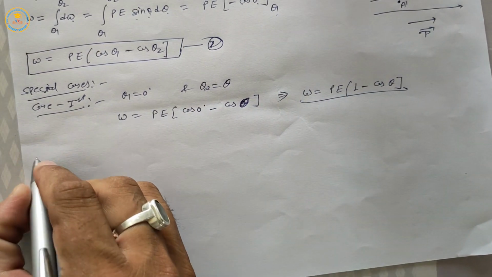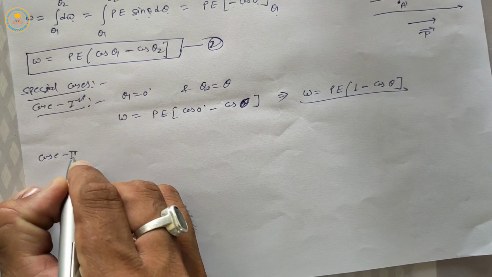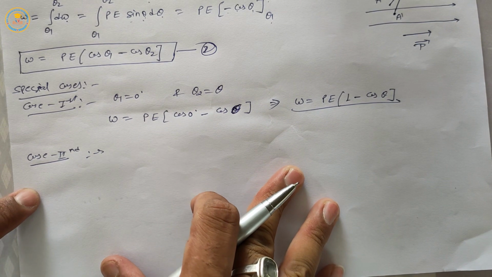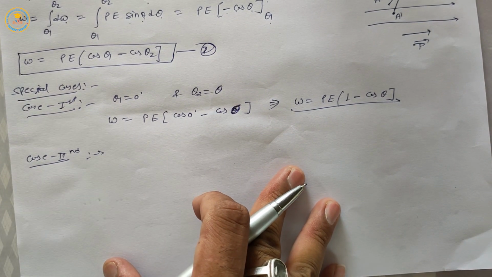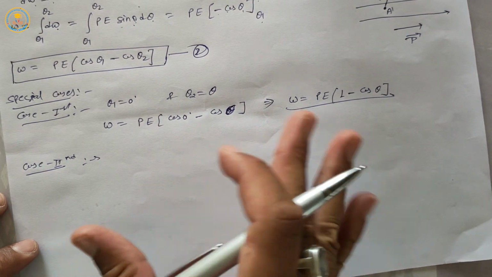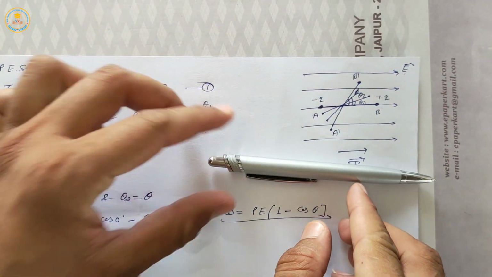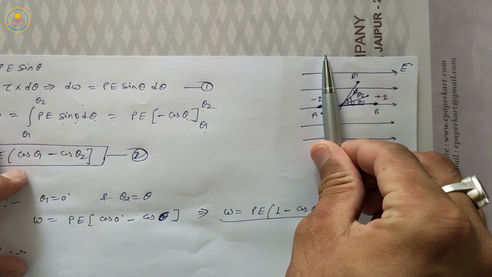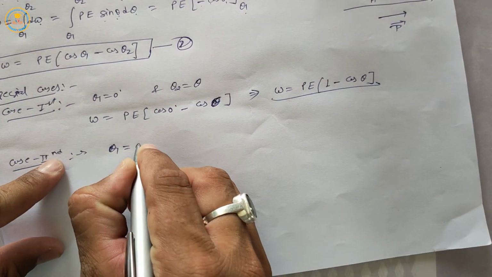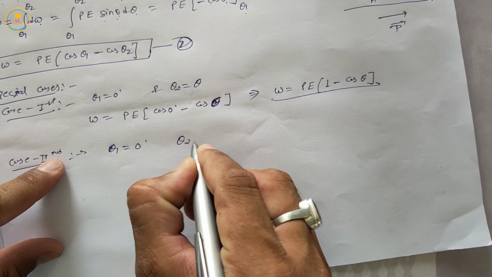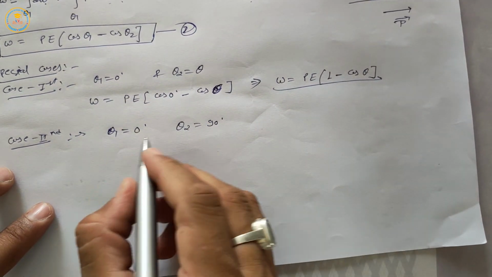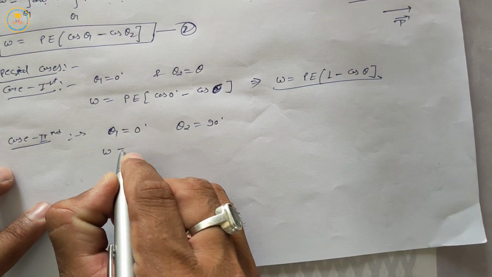Now, our second case. If the electric dipole is rotated from stable equilibrium to perpendicular position, it means at initial condition theta 1 is equal to 0 and theta 2 is equal to 90 degree. Then we put the values of theta 1 and theta 2 in equation number 2.